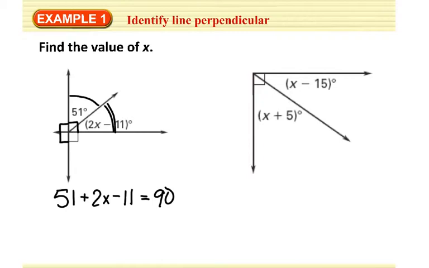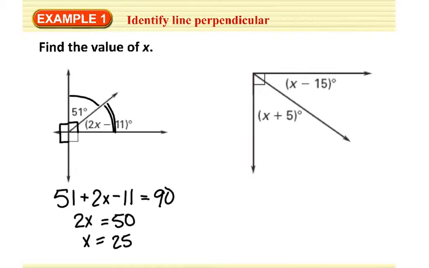So here we're going to get 2x, and I'm going to subtract 51 and add 11 to both sides of the equation and get 50. And 50 divided by 2 is 25. And we're done.